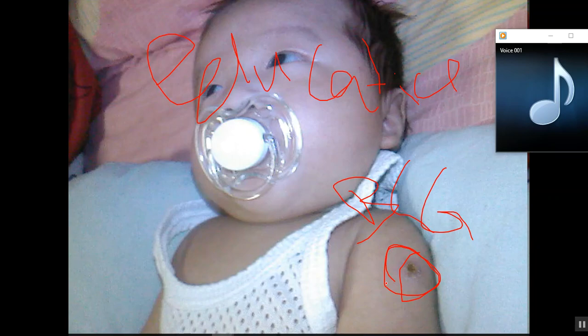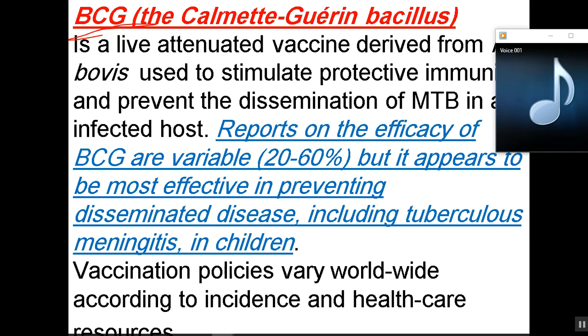The vaccine is BCG, Bacillus Calmette-Guérin, a live vaccine derived from bovis, which stimulates the immune mechanism against tuberculosis. It gives about 60% efficacy, but its main function is preventing severe disease such as meningitis.